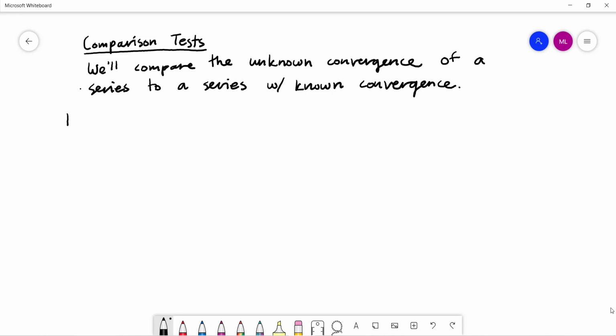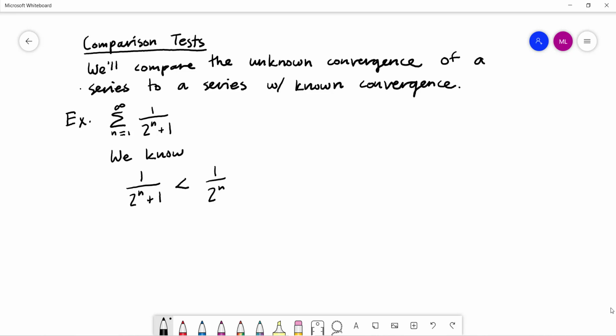Okay, so for example, let's say that we're looking at the series, the sum from n equals 1 to infinity of 1 over 2 to the nth plus 1. I don't know whether this series converges or diverges because it's not a series that we've dealt with before, but we do know that 1 over 2 to the nth plus 1 is always going to be less than 1 over 2 to the n.